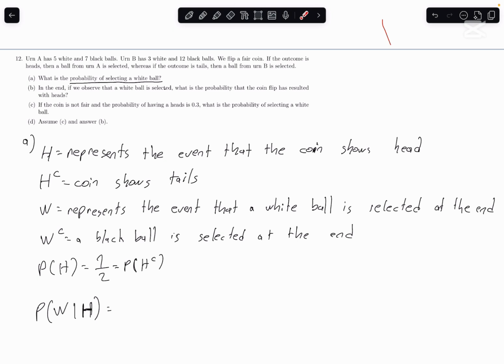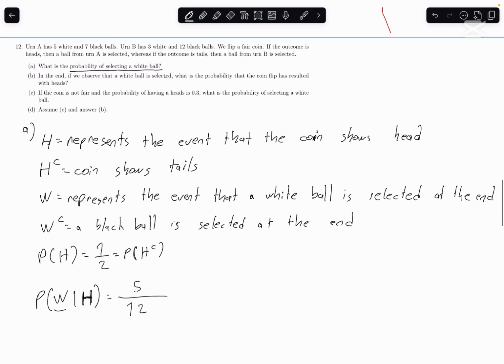So we need to look at urn A. In overall, we have 12 balls, and we need to find the probability of getting a white. So in the denominator, we will have 12, and in here we will have 5. The probability of getting a white ball, if we know that the coin shows heads, is 5/12.